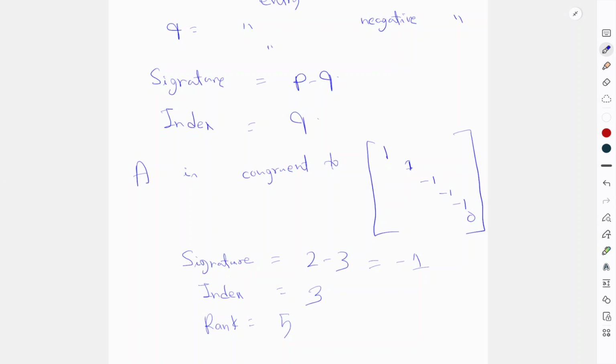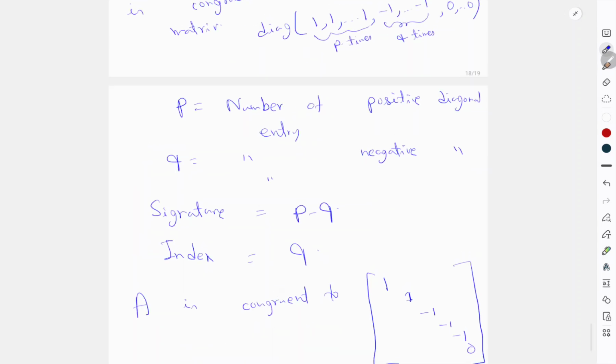In some books there is some notation. Let me check. Yes, the notation for signature is just small s.